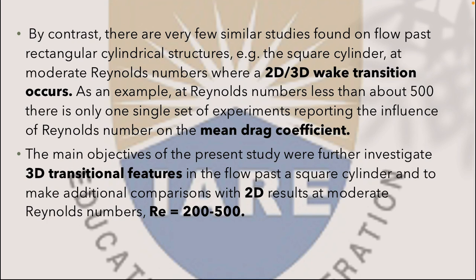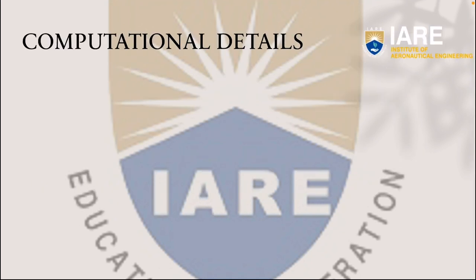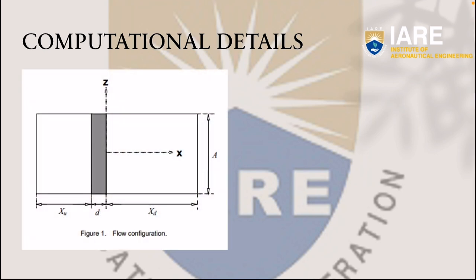The main objectives of the present study were to further investigate 3D transitional features in the flow past a square cylinder and to make additional comparison with 2D results at moderate Reynolds number, that is, Reynolds number equal to 200 to 500.